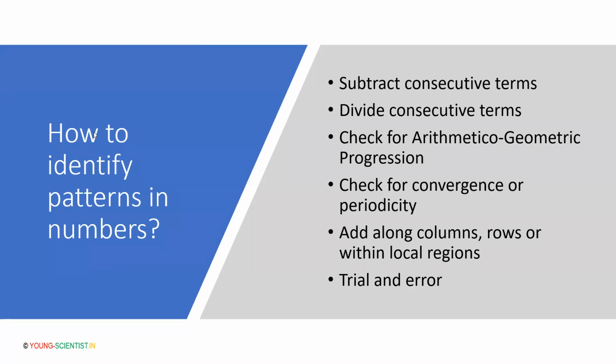The next thing is to divide consecutive terms. And then if that comes as a constant number, then you have a geometric progression. Checking for arithmetico-geometric progression takes several steps. You'll have to start by finding the difference, and that difference will not be a constant.